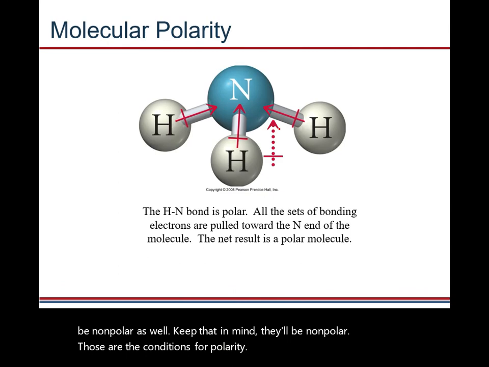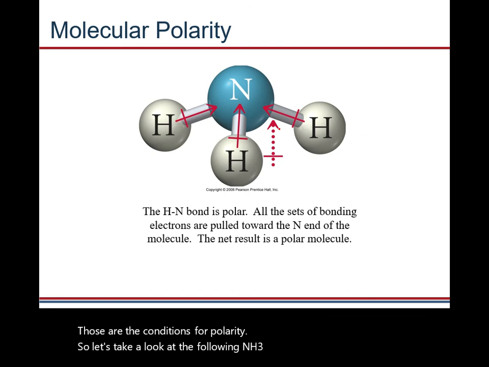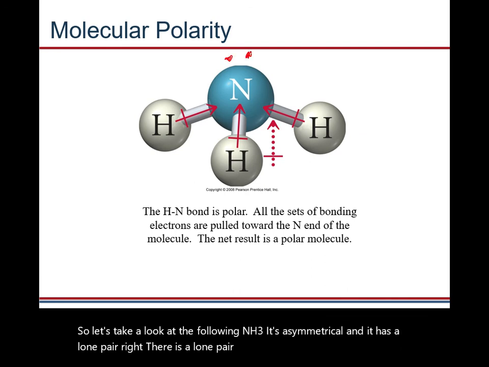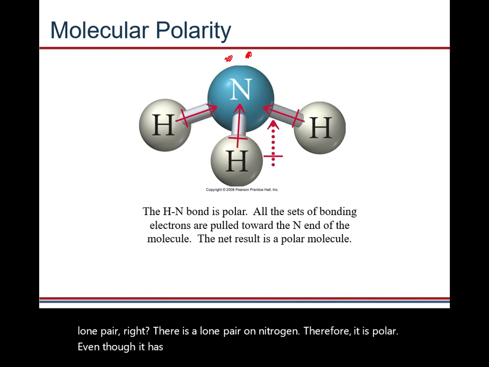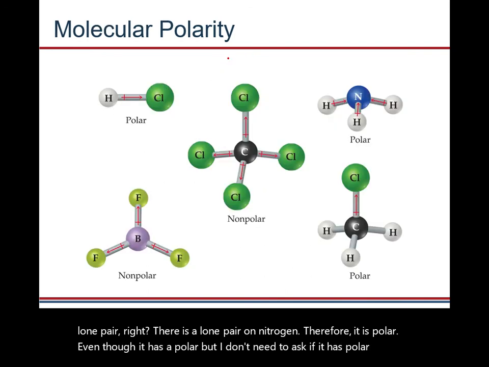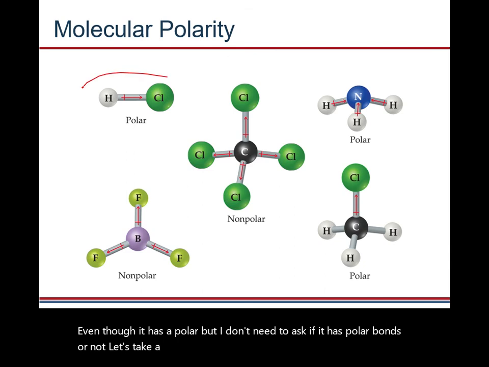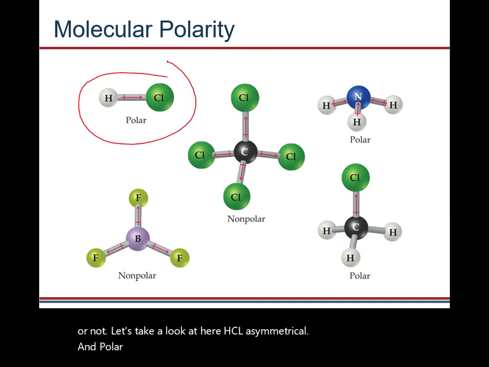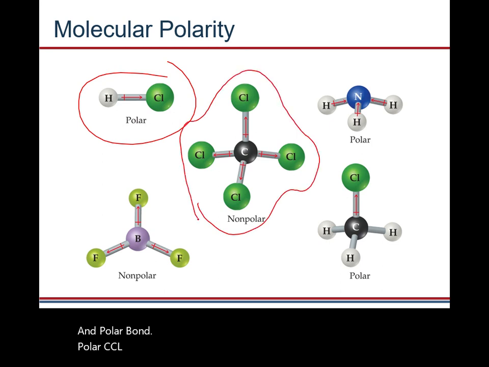So let's take a look at the following. NH3, it's asymmetrical and it has a lone pair, right? There is a lone pair on nitrogen. Therefore, it is polar. Even though it has polar bonds, I don't need to ask if it has polar bonds or not. HCl, asymmetrical, and polar bond, polar. CCl4, it is symmetrical, nonpolar, even though it has polar bonds.